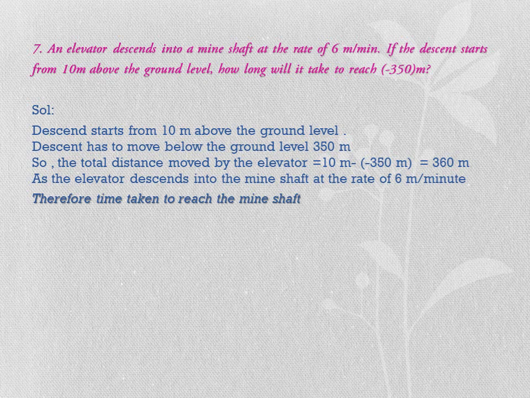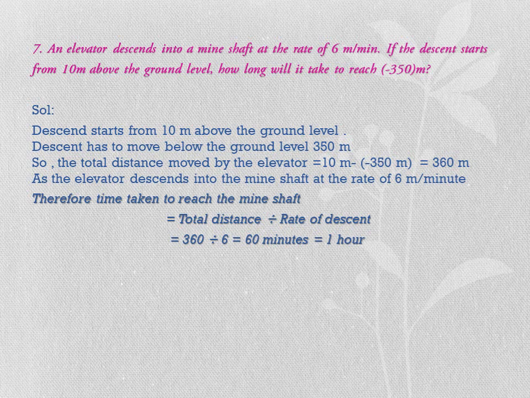Therefore, the total time taken is equal to 360 divided by 6 is equal to 60 minutes. 60 minutes is equal to 1 hour. Okay, now we have completed this exercise 1.4.